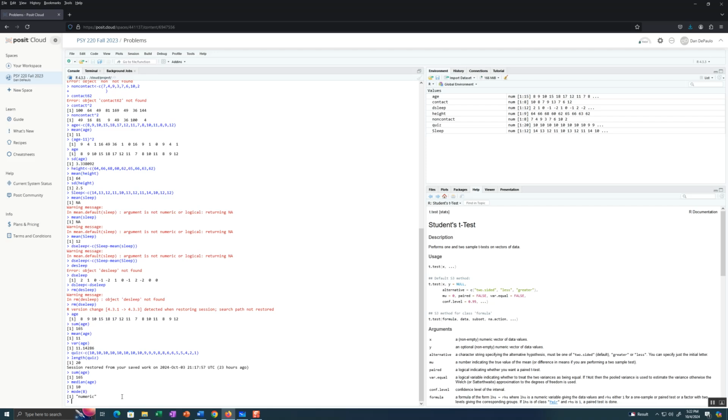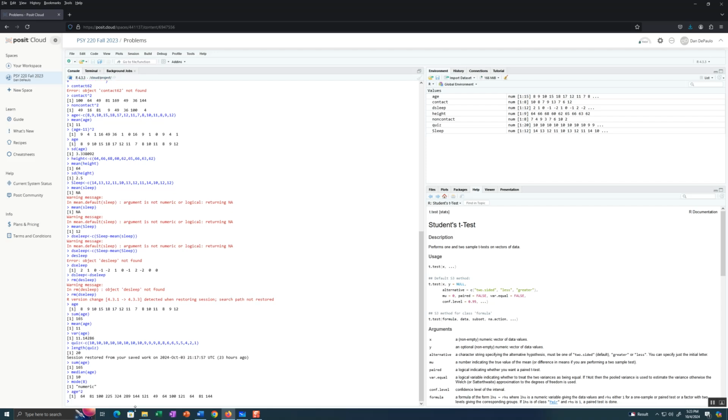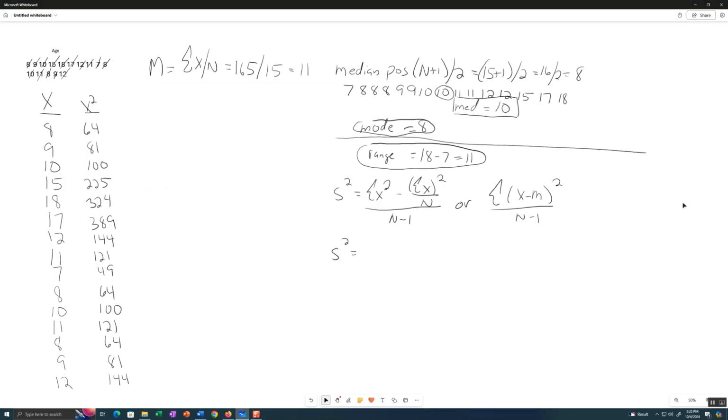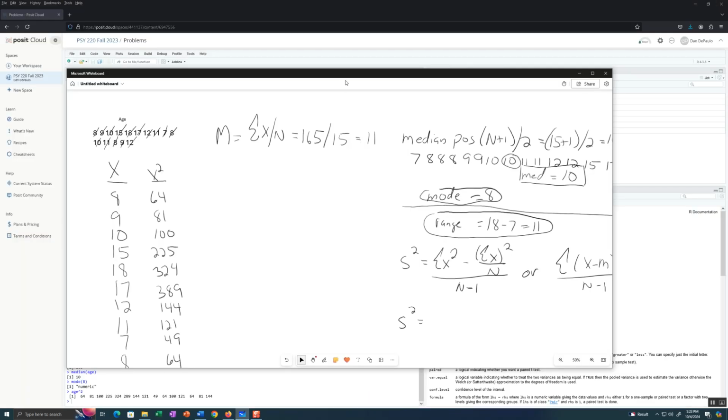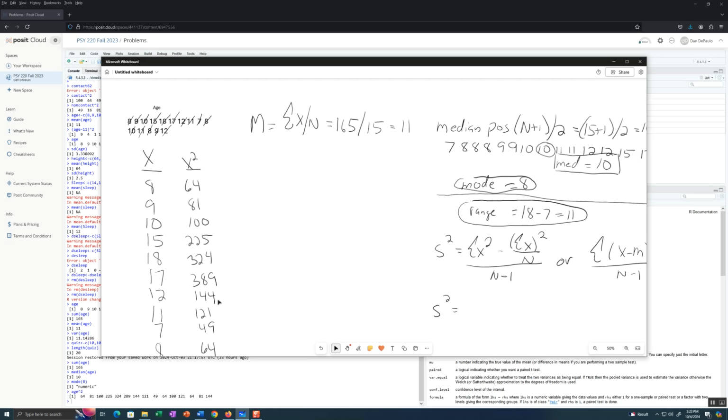So let's look at age squared. So those are my squares. And I will just double check it.